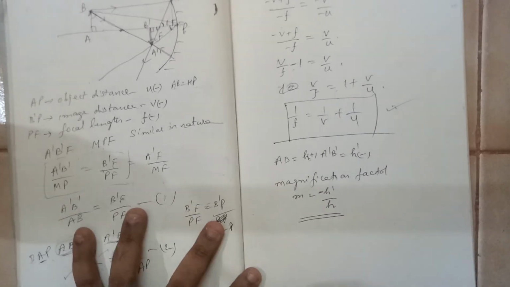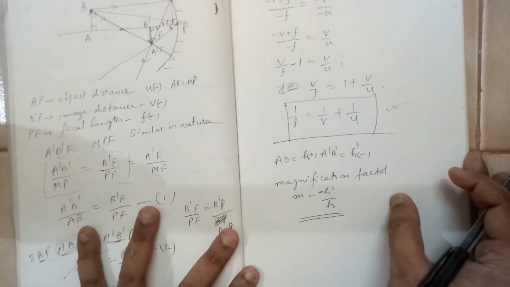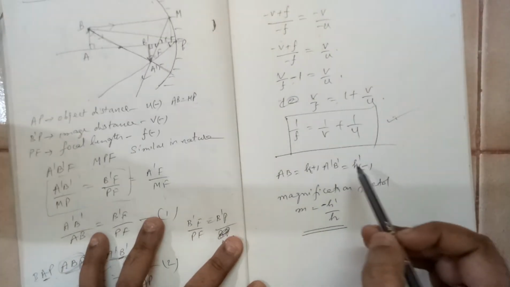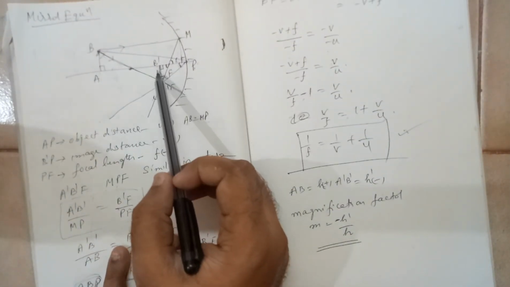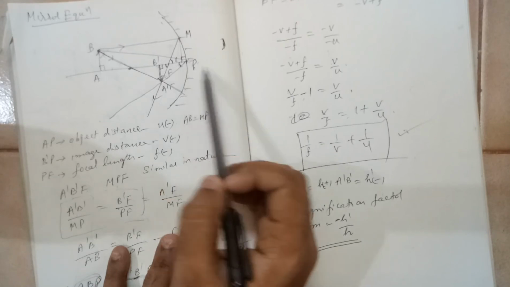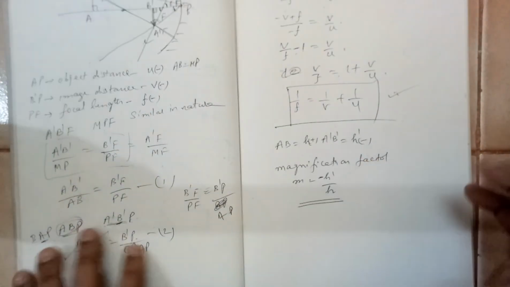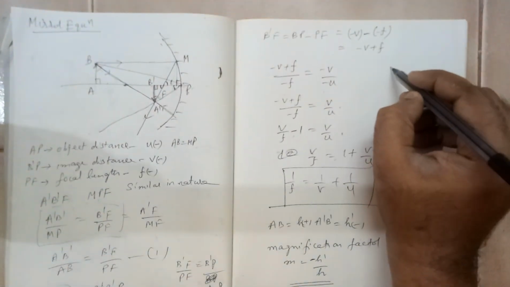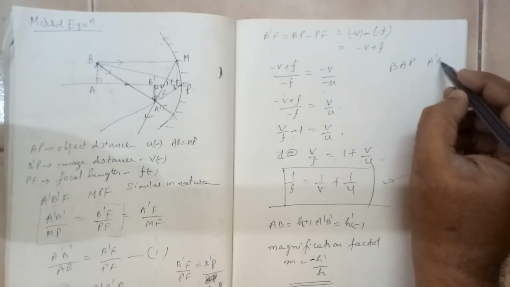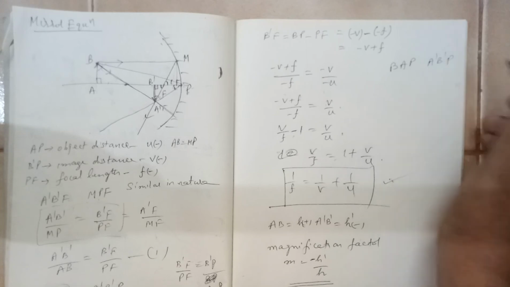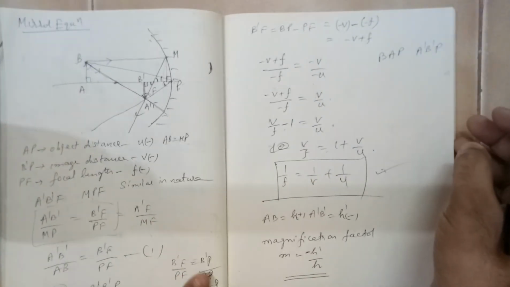So can we bring in one expression here? If you see the triangles, we have already written over here, BAP is similar to A dash B dash P, right?